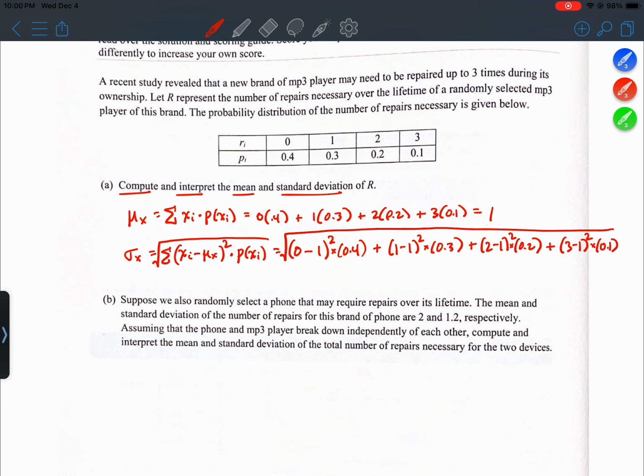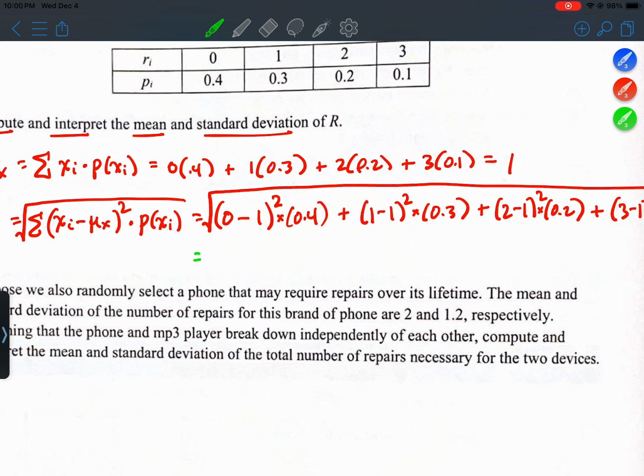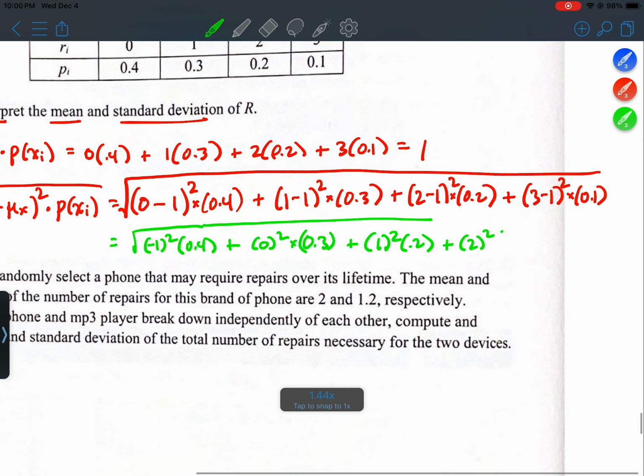Actually, now that I'm looking at it, it's not even that hard to calculate because this basically would be the square root of negative 1 squared times 0.4 plus 0 squared times 0.3 plus 1 squared times 0.2 plus 2 squared times 0.1.